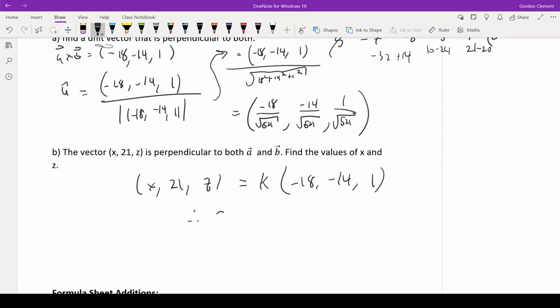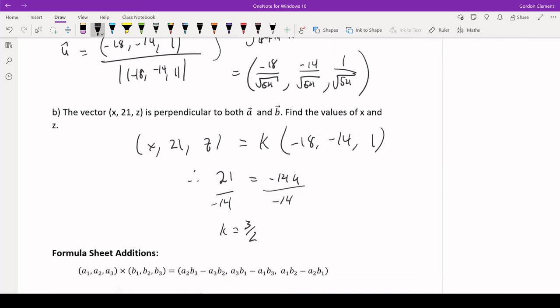So if we focus in just on the y's, we see 21 has to be negative 14 times k. So divide by negative 14, divide by negative 14, and we'll get k is negative 3 over 2 if we reduce that. So that's our k value, so I'm going to use that.